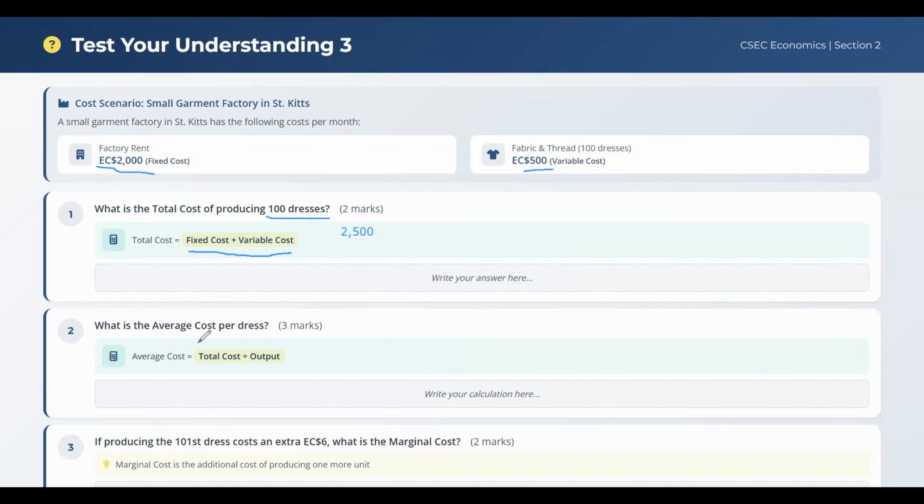And the average cost is total cost divided by output. So that would be 2,500 divided by 100, which is how much? 25.